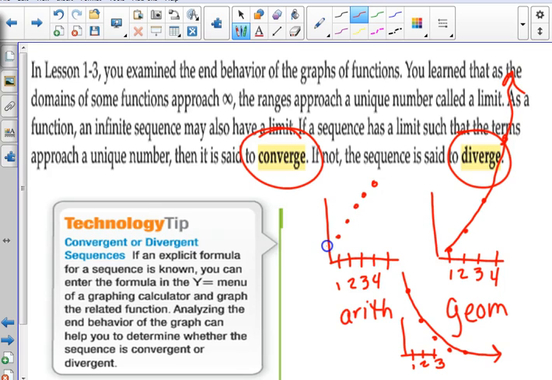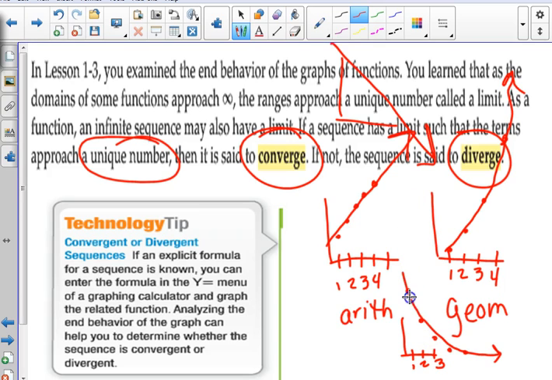Okay, this one is going up and approaching infinity, which is not defined as convergent. It has to approach a unique number, not infinity or negative infinity. This one is also going up forever. Okay, I could have one that I'm subtracting 7 forever, not convergent.